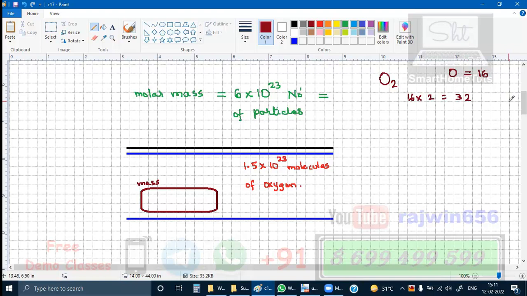Now in the question, what is given to us is: what will be the mass of 1.5 multiplied by 10 raised to 23 molecules of oxygen?